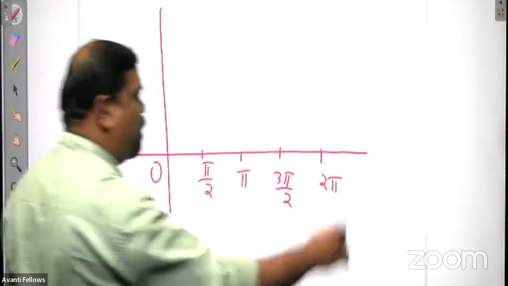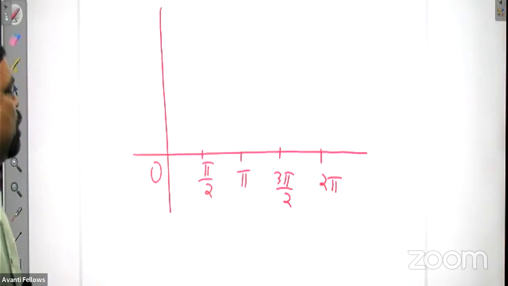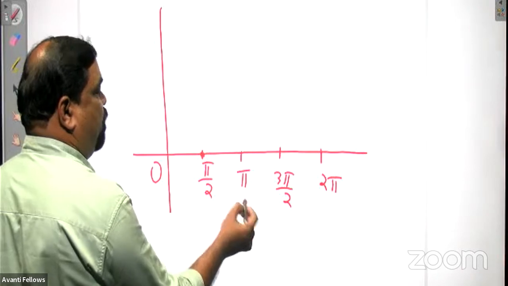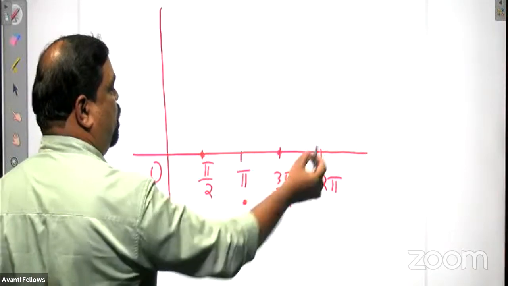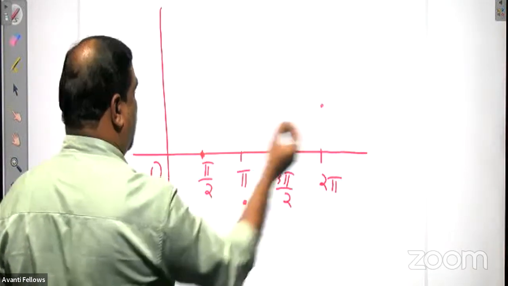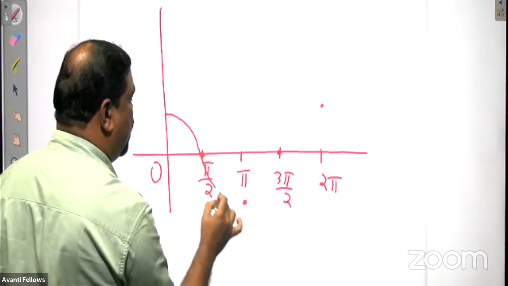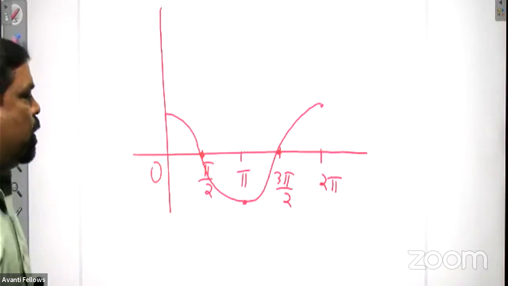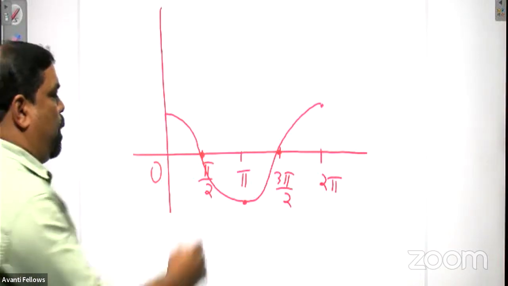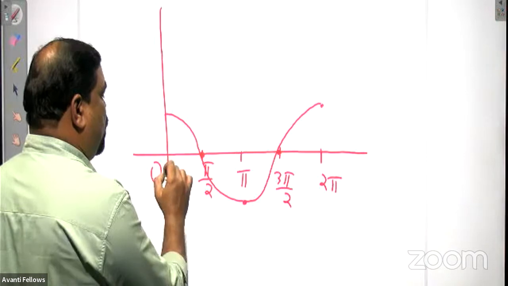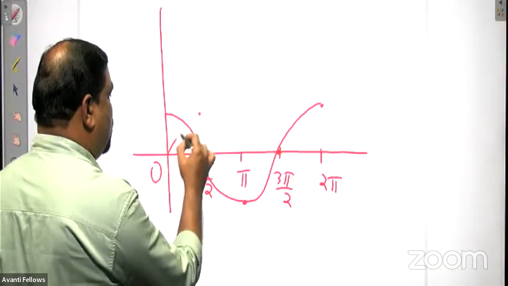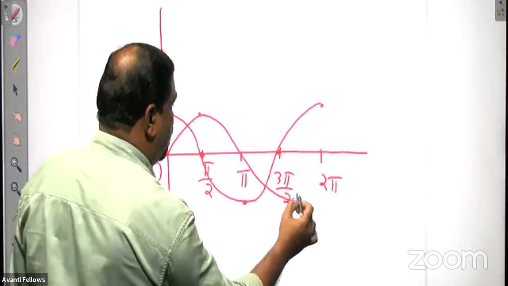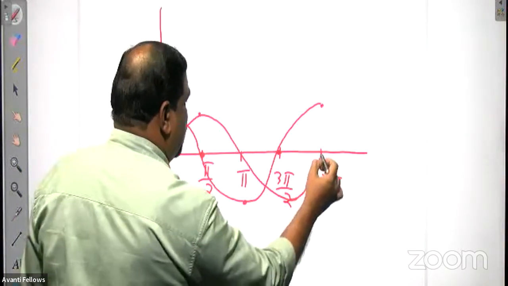This is the given interval. Cos pi by 2 is 0, cos pi is negative 1, cos 3 pi by 2 is 0, and cos 2 pi is 1. So the graph of cos x will be exactly like this. And for the graph of sin x, sin 0 is 0, sin pi by 2 is 1, sin pi is 0, sin 3 pi by 2 is negative 1, and sin 2 pi is 0.